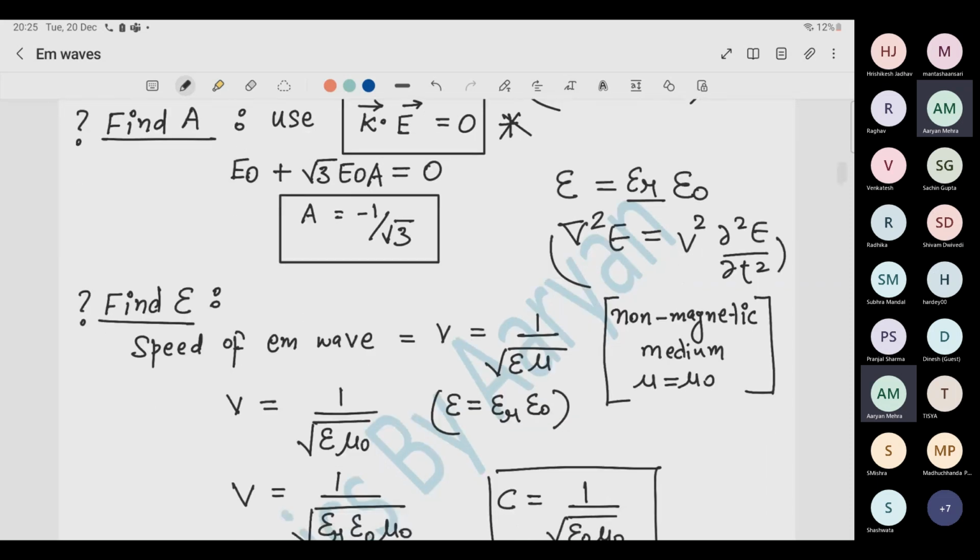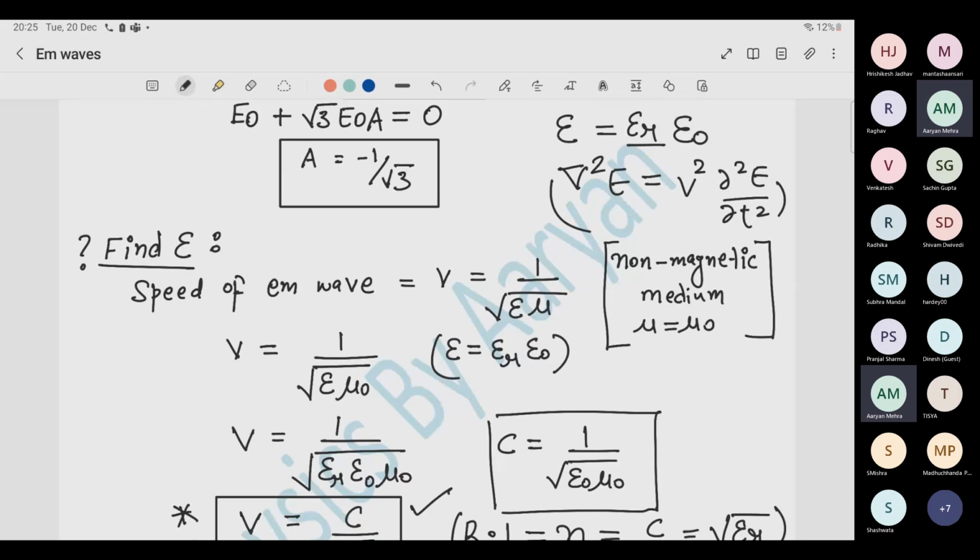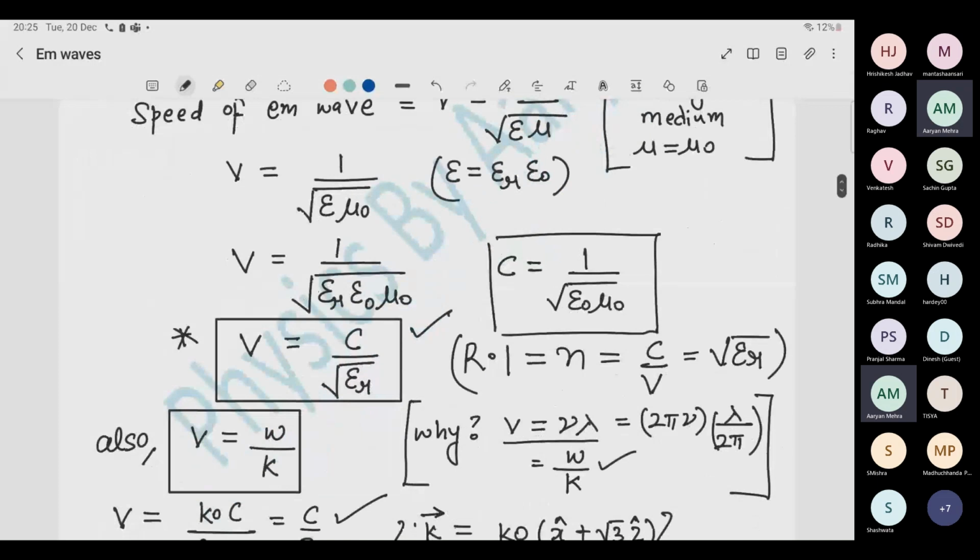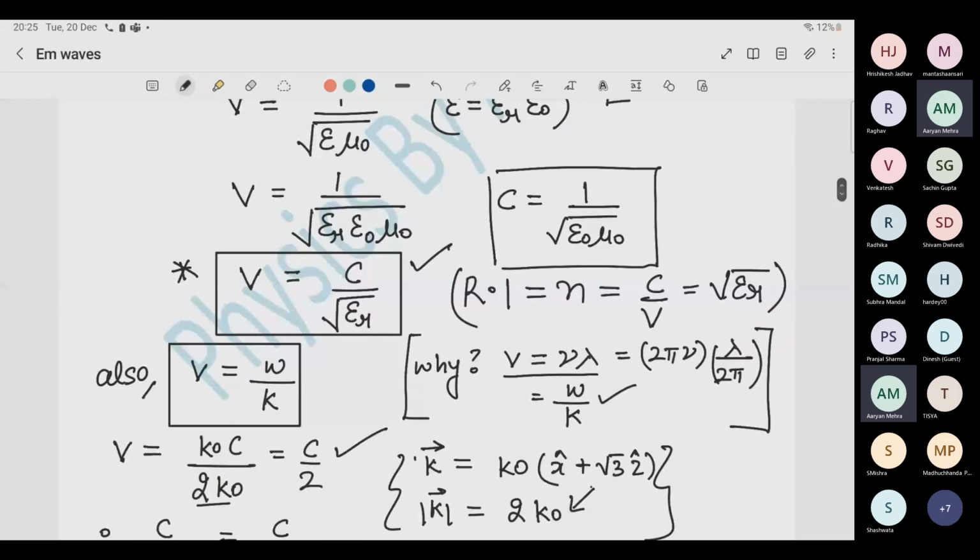So the few formulas which we did: V equals 1 by root of epsilon mu, number one formula. Then the second formula is refractive index is under root of epsilon r. Very nice. And the third formula which we did is V equals omega by k. All three are very simple formulas and can easily be derived in 30 seconds. So now should I move to the next question, or do you have any questions still here?